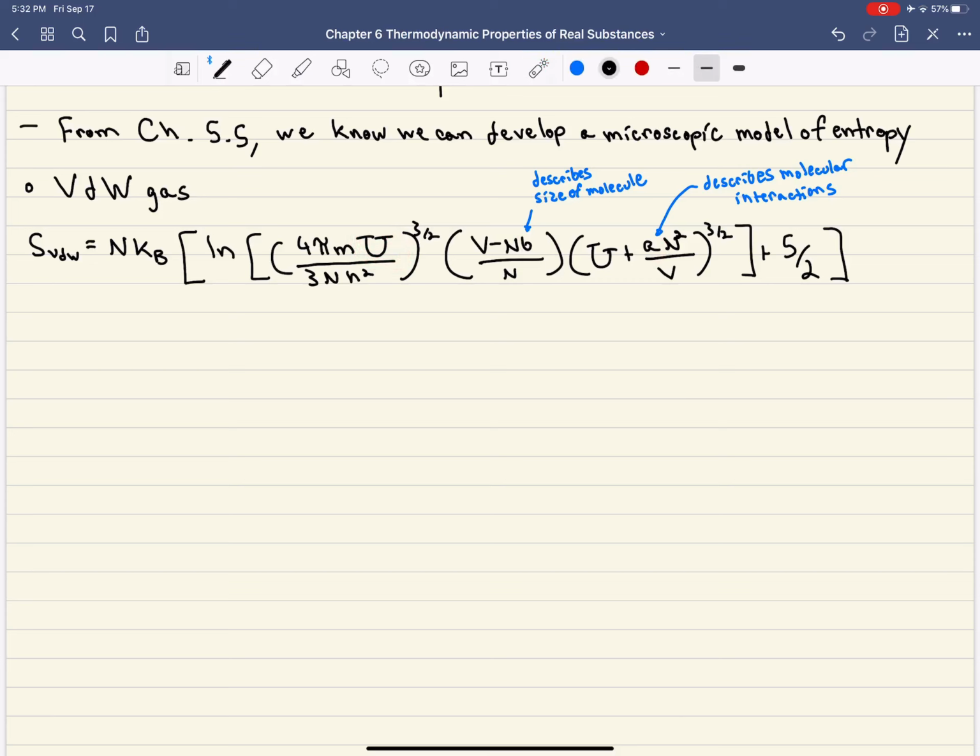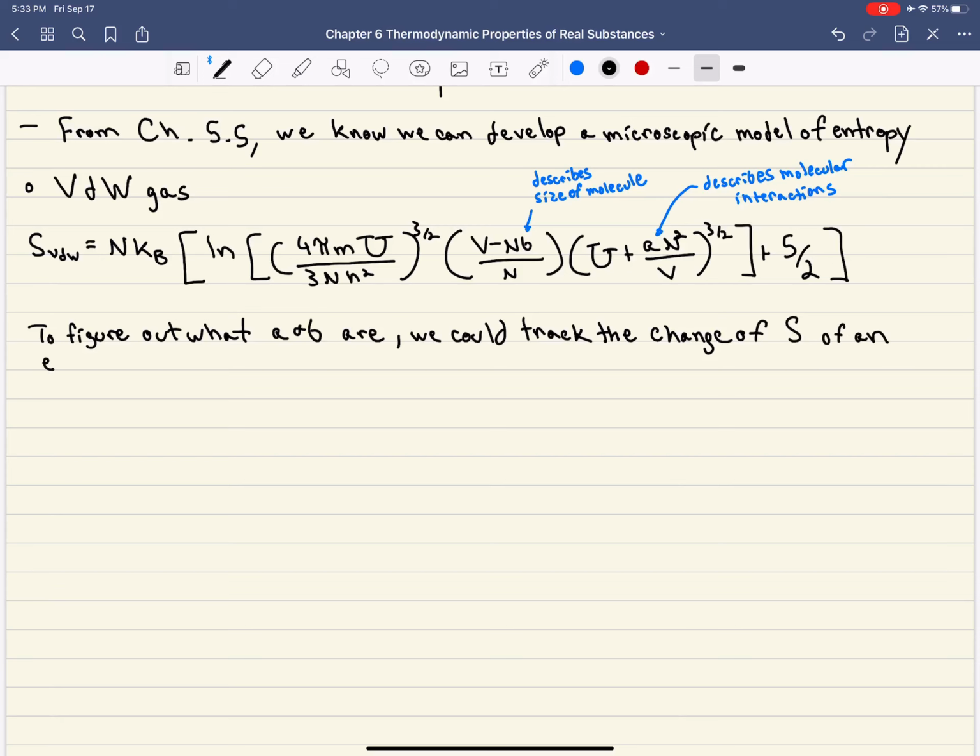In other words, to figure out what a and b are, we could track the change of S of an expanding gas.